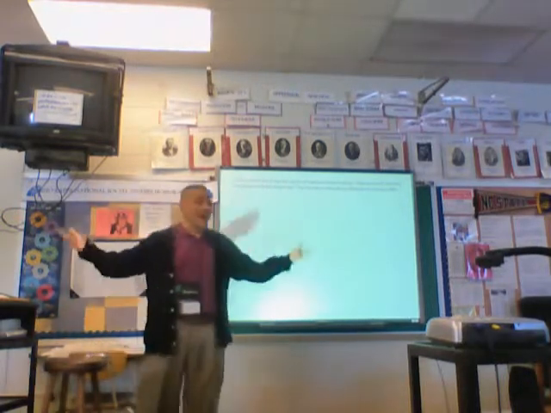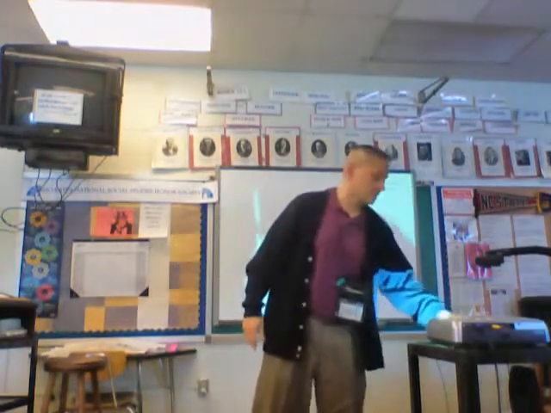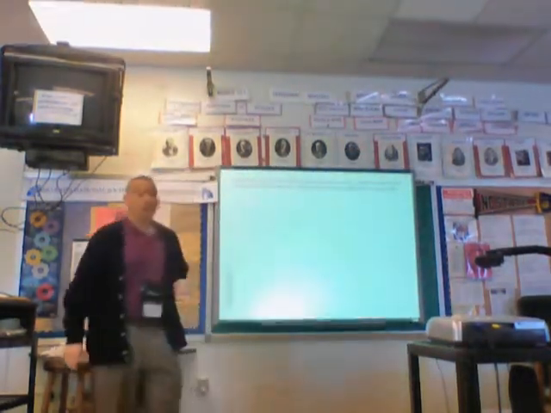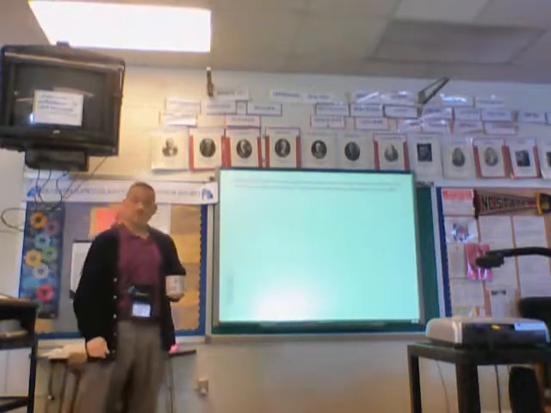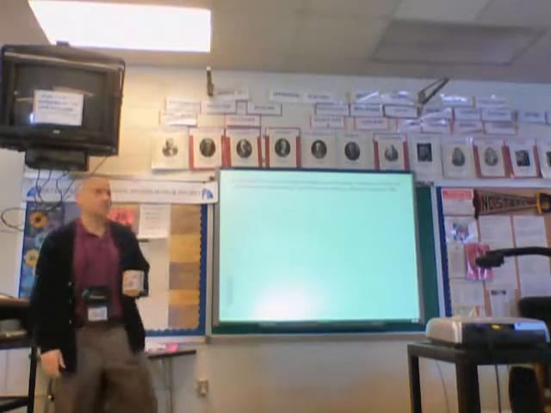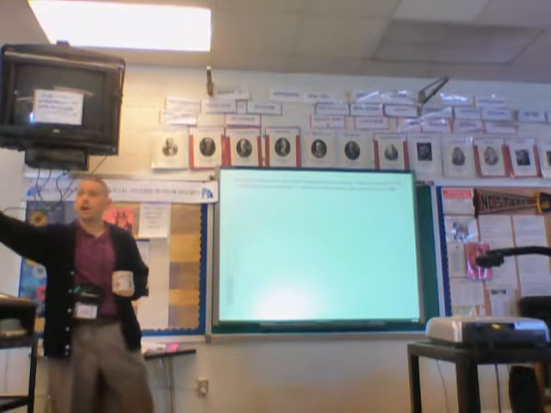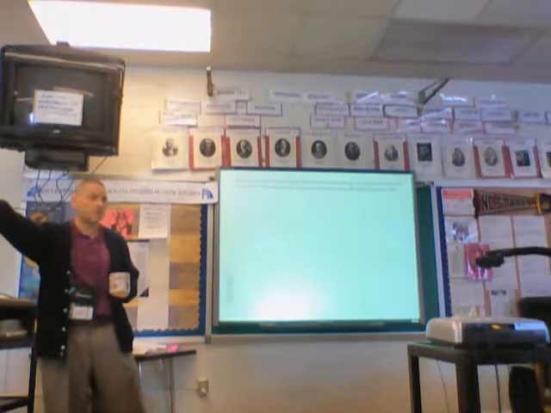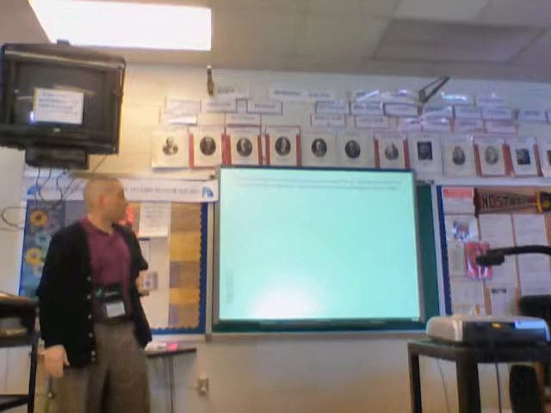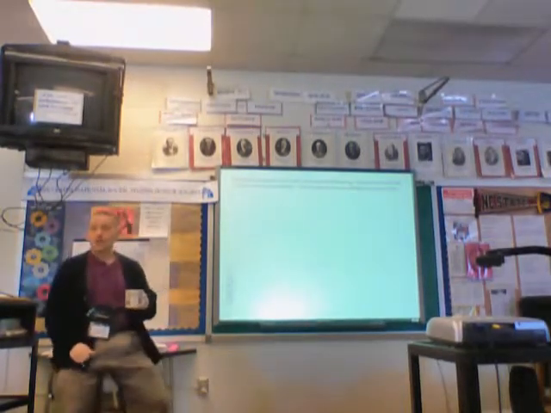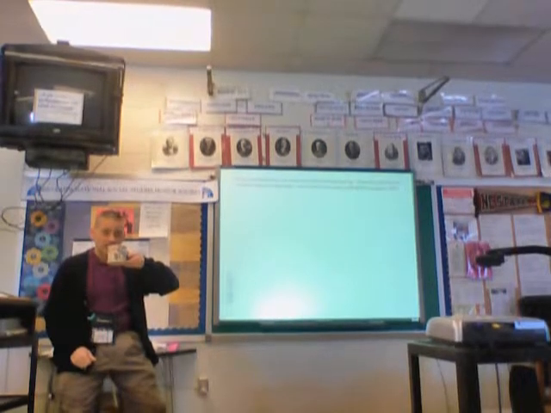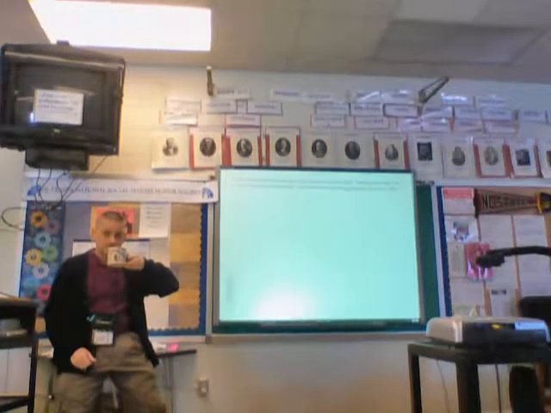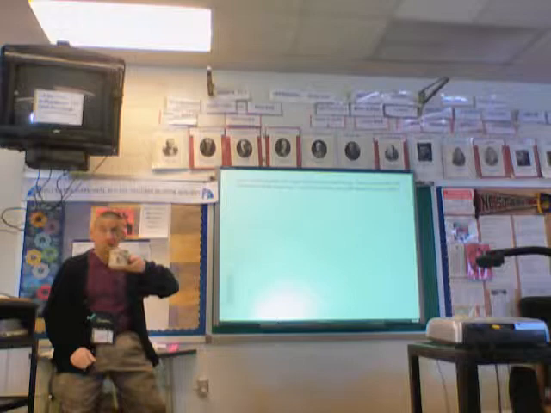Okay, let's see what the document reveals to us. Look at the author. Look at the time and place. We don't know the main idea. We don't know the purpose. But look at where the words come from. What's the significance of the person that it comes from? He's the president.